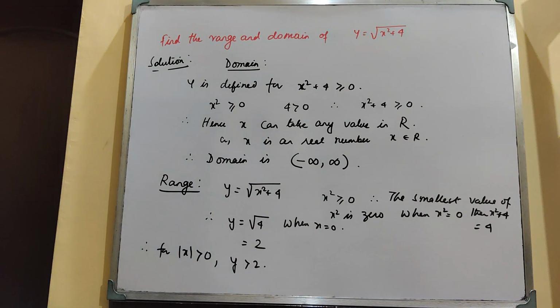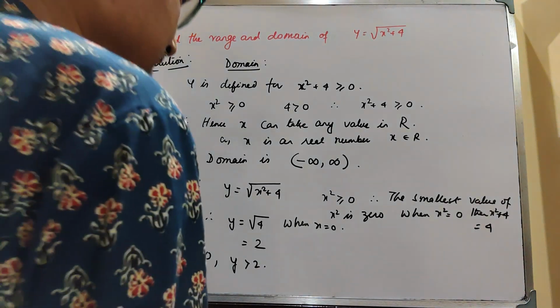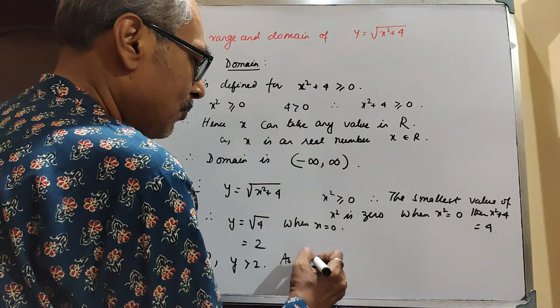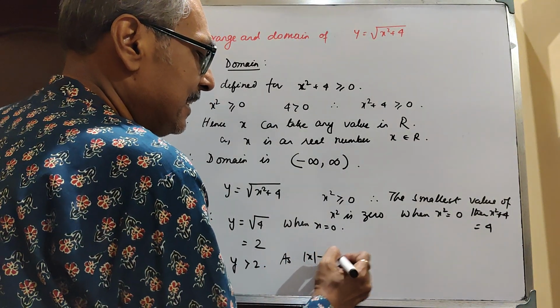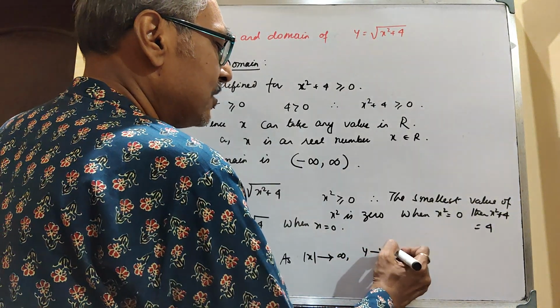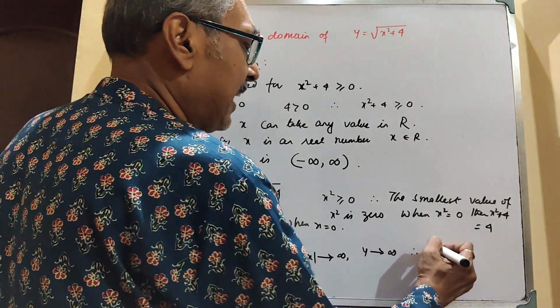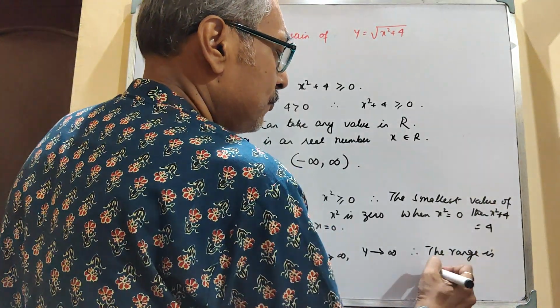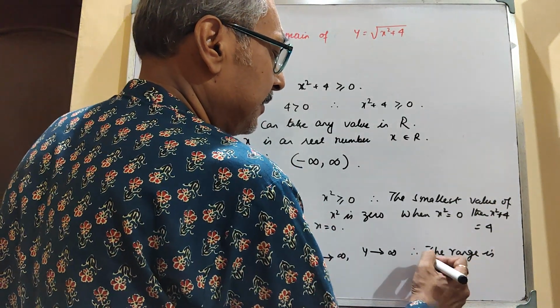Therefore, as the value of x rises from 0, the value of y tends to infinity. As mod x increases to infinity, y also tends to infinity. Therefore, the range is from 2 to infinity.